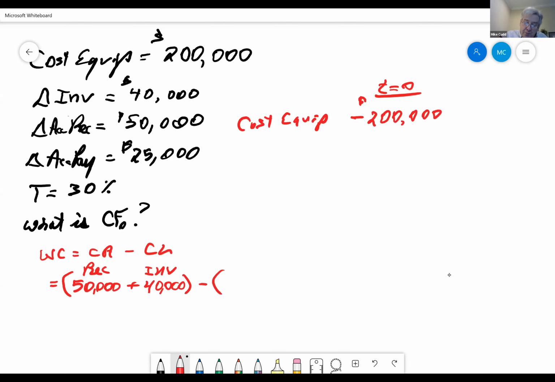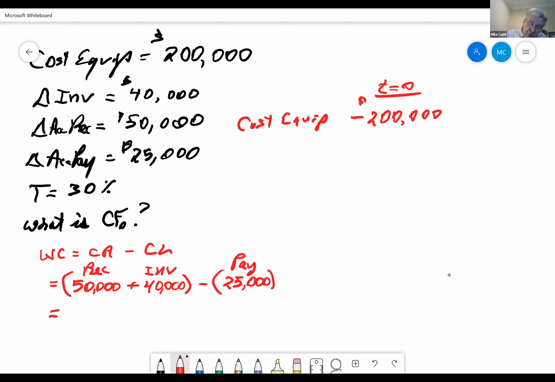And in current liabilities, we would have accounts payable, which we think would be 25,000. These levels for receivables, inventories, and payables are the new levels we would carry for the life of the project.